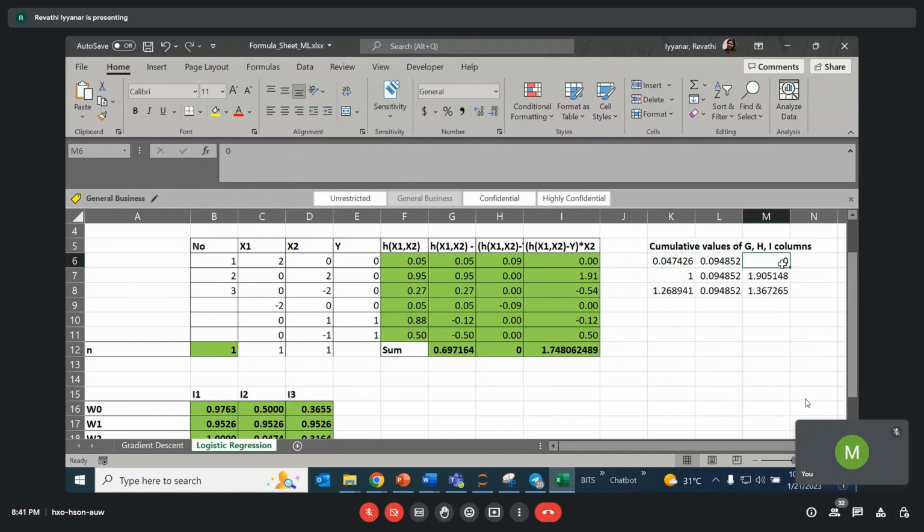No, I think it's exactly the same value if you just round by 4 for all these values, same as G6, right? Exactly G6, H6, I6. Yeah, if you round by 4 all these values, you'll see it's exactly the same.